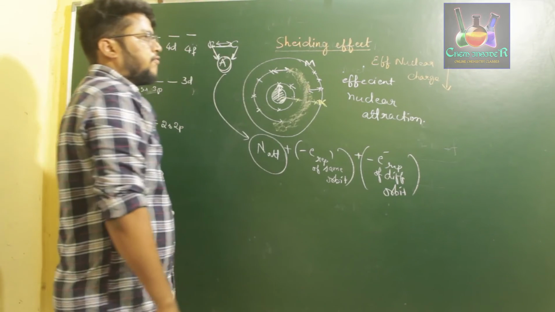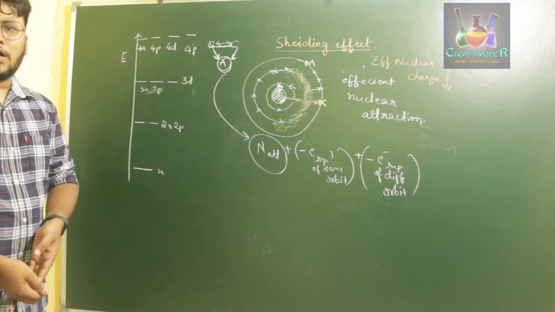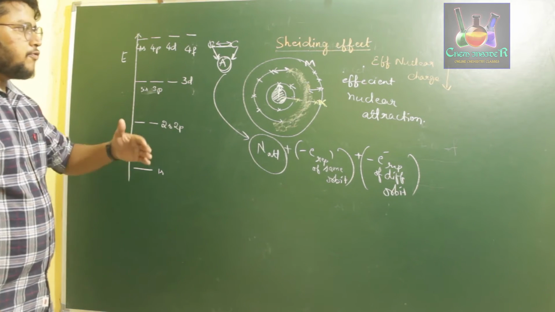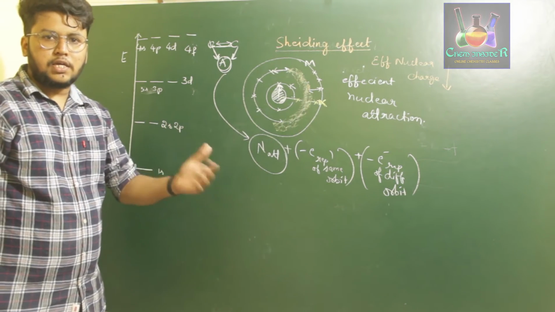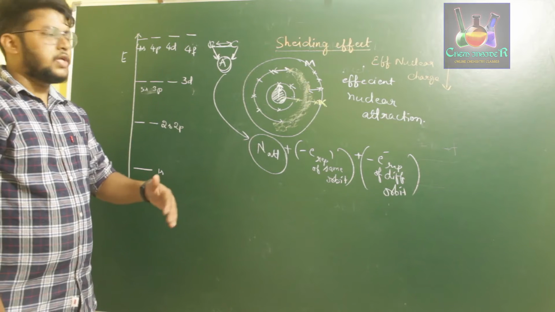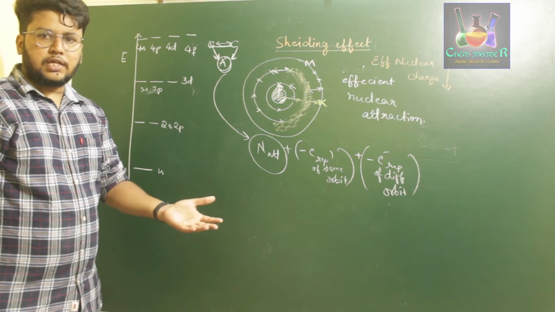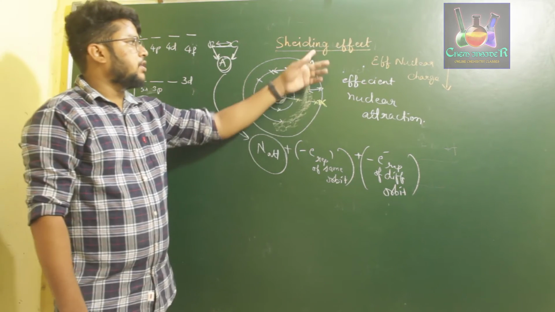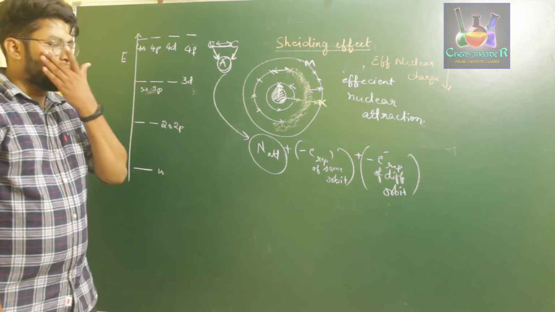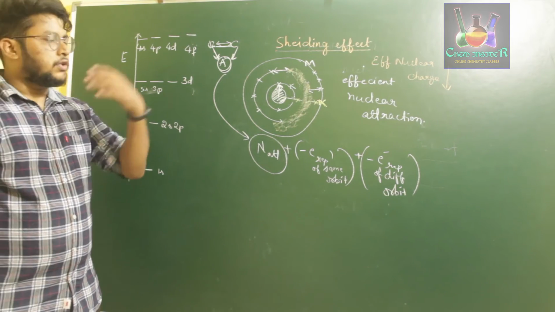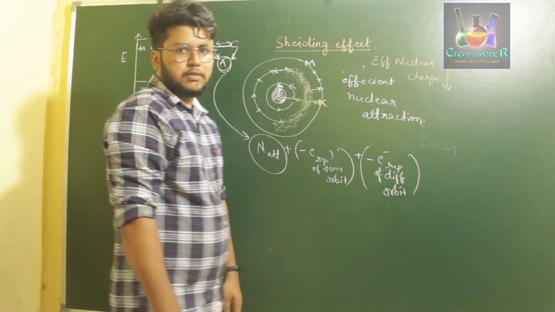Now, this relates to the atomic number. If the atomic number increases, the number of electrons and the number of shells increases, which results in more and more shielding by the inner electrons on the outermost electron, and thus the effective nuclear charge decreases.